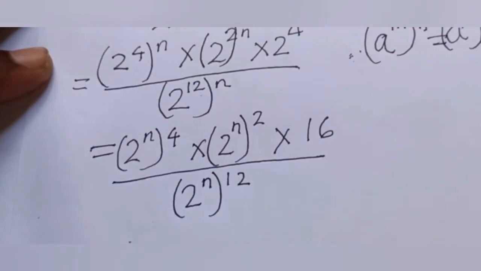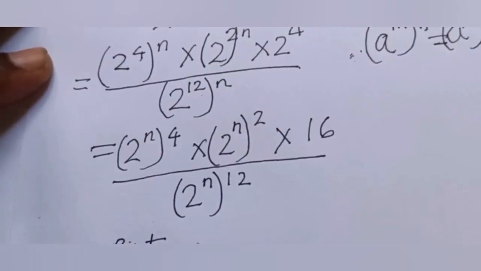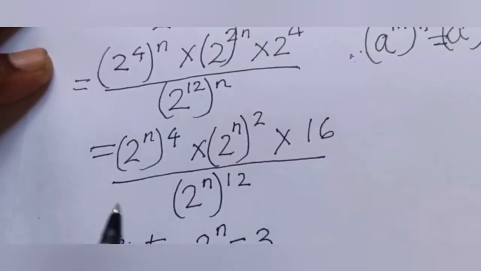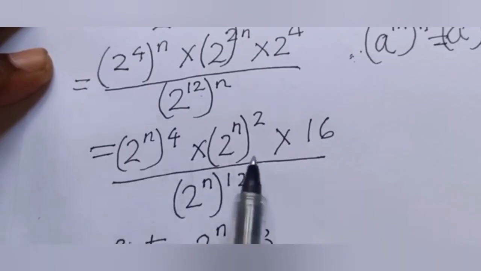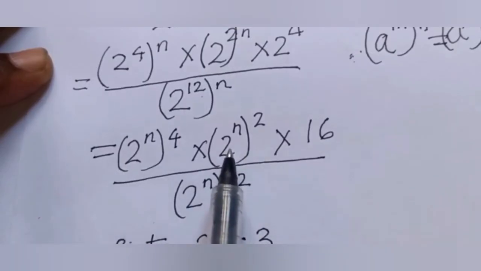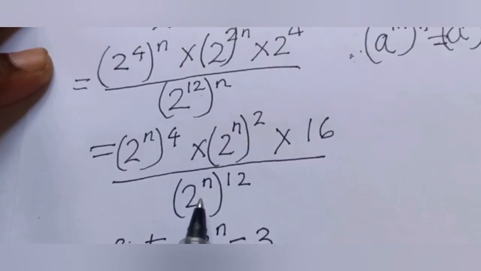But 2 power n equals 3. So here we are going to substitute 3. Even this 2 power n here we are going to substitute 3. And here we are going to substitute 3.